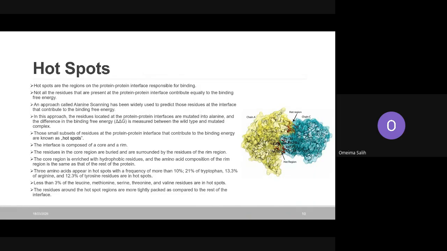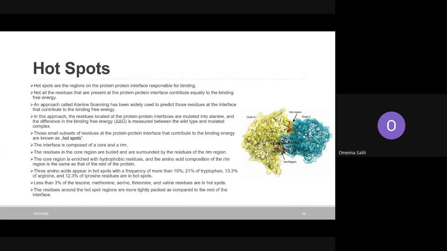The interface, as you can see, consists of a rim and a core. The core is the central part, and the rim consists of the amino acids within the interface but at its periphery.